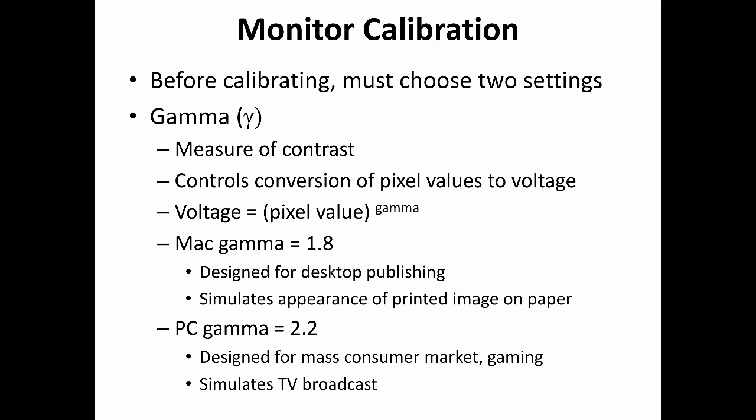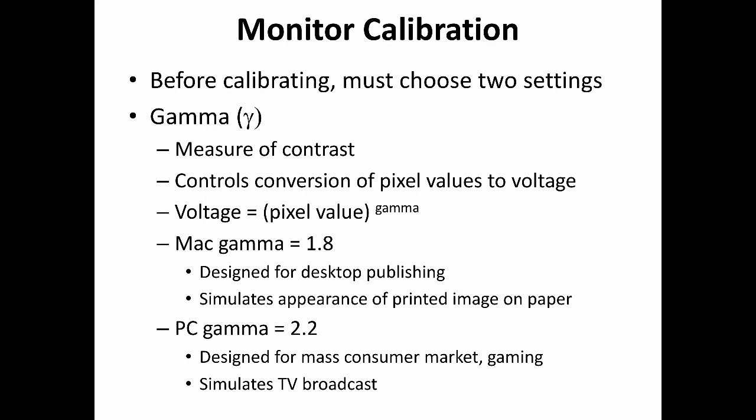And so, even from the very beginning, Windows was designed to simulate the appearance of what you would see on a television broadcast. A television also has to have a gamma value, because you have information coming into the television. Back in the old days, it came in through an antenna on the roof of your house, through a television broadcast.